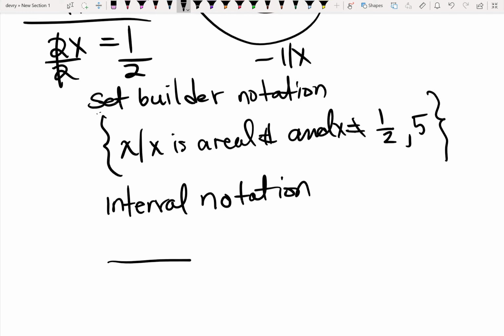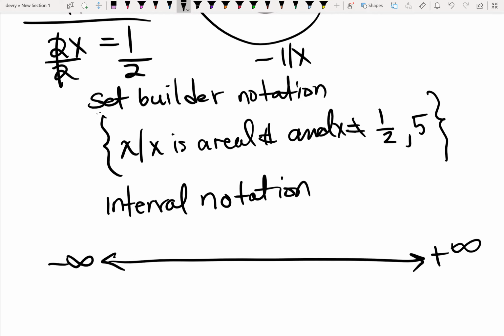we begin with a number line just to start the logic that this is negative infinity, this is positive infinity, right? We then locate the value of 1/2.